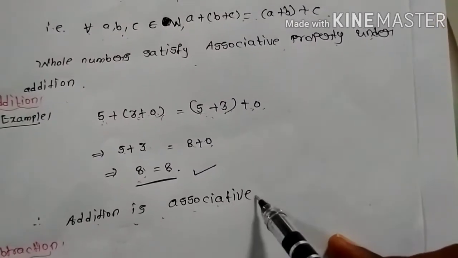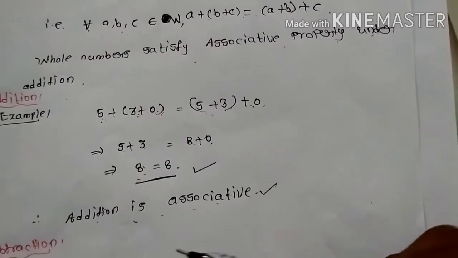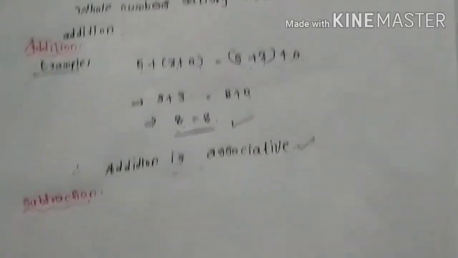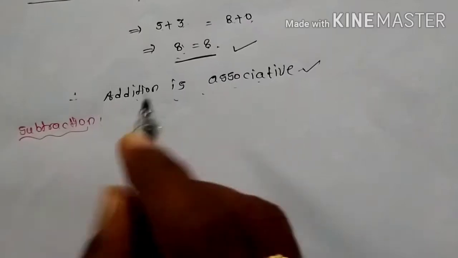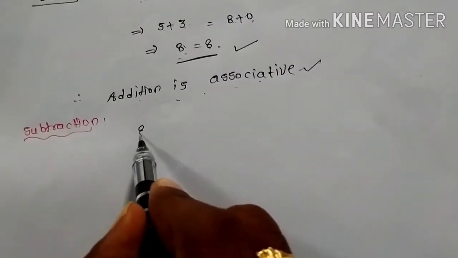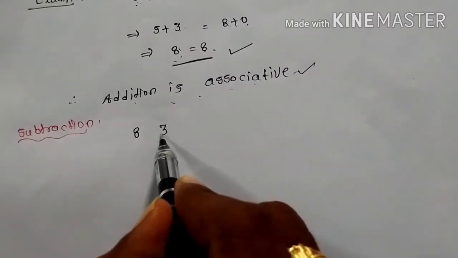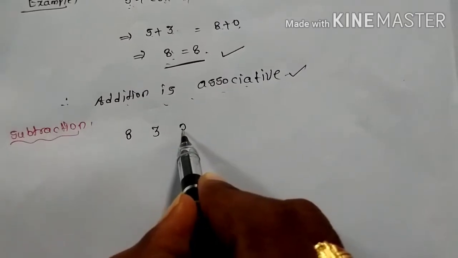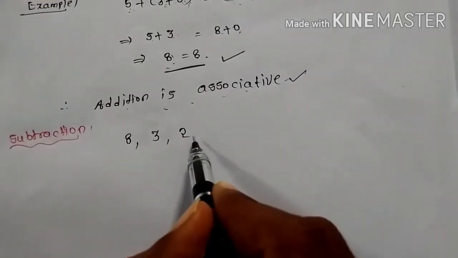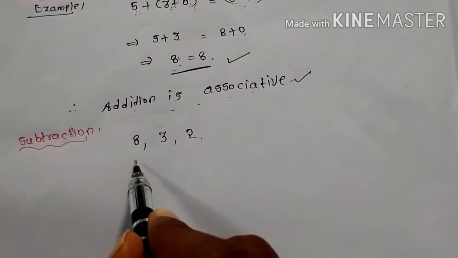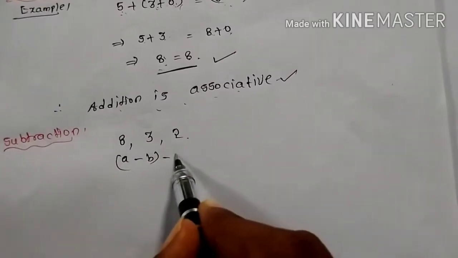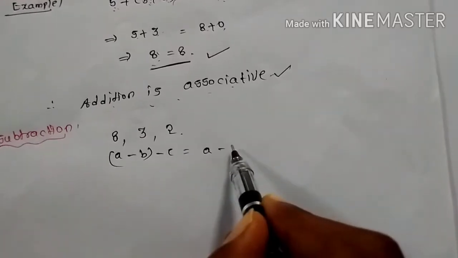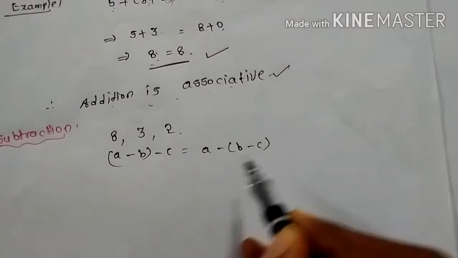Addition is associative. In a similar way, you can check whether subtraction is associative or not. Let's check. For example, I am taking three numbers: 8, 3, 2. I need to check our formula. You know that a minus b minus c is equal to a minus of b minus c.